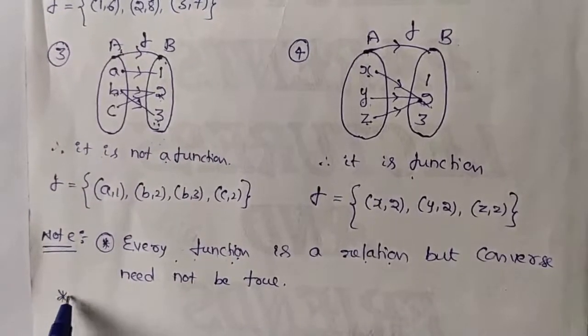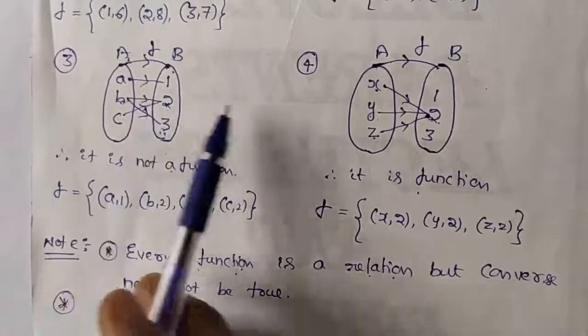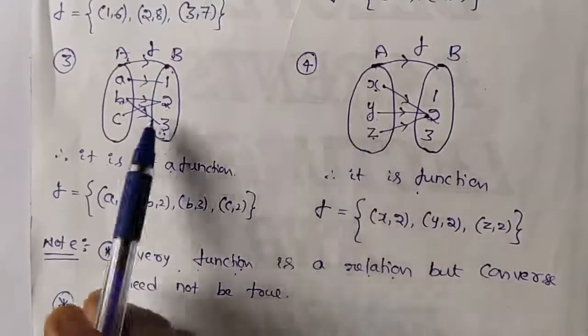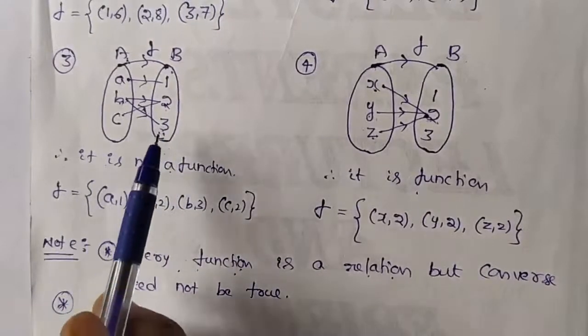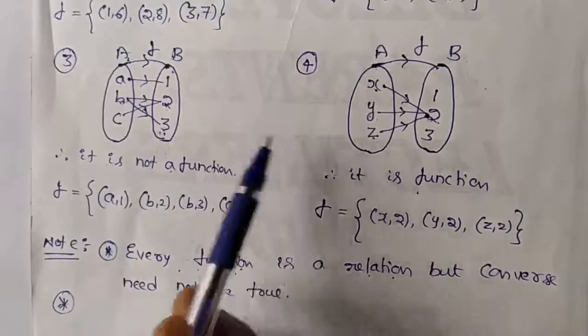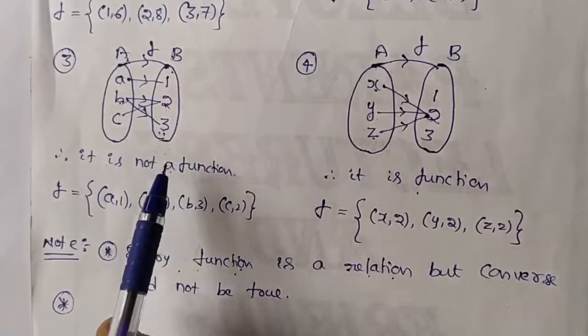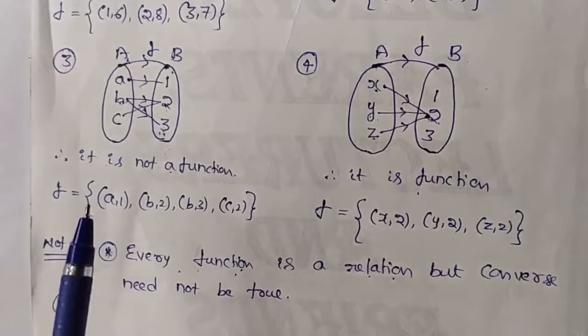Next, second note point. Suppose I gave examples using arrow diagrams, but in your NCERT textbook they give a relation in a roster form or set builder form.